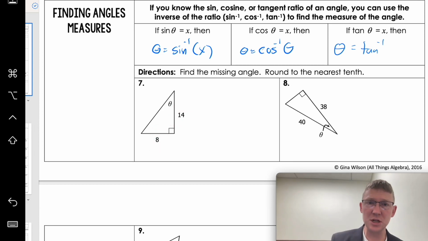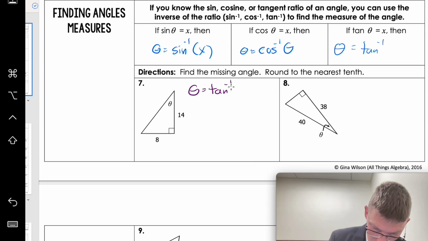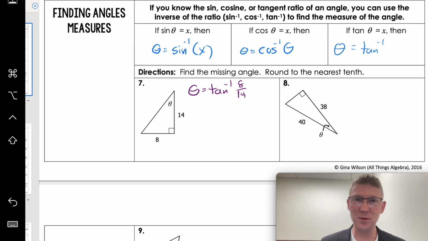But this time we're just going to use the tangent inverse. So we can write theta is equal to tangent inverse of 8 over 14. And this is, again, something that we can do in our calculator, and it will give us the answer.